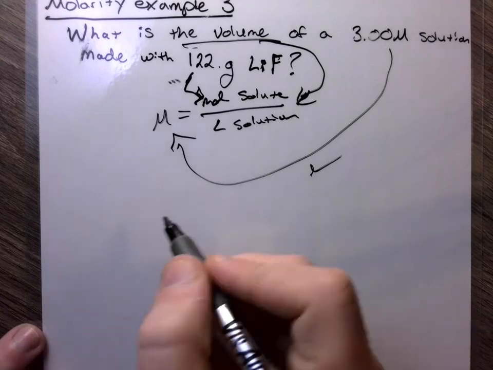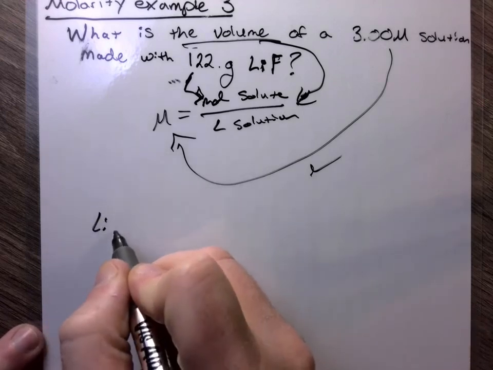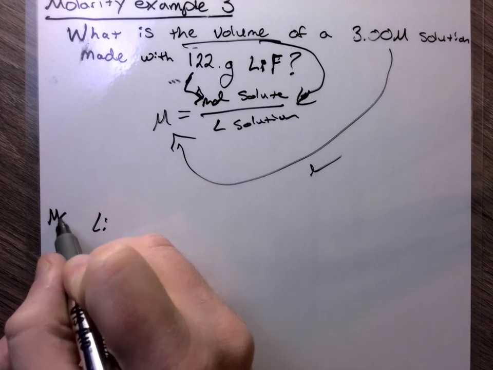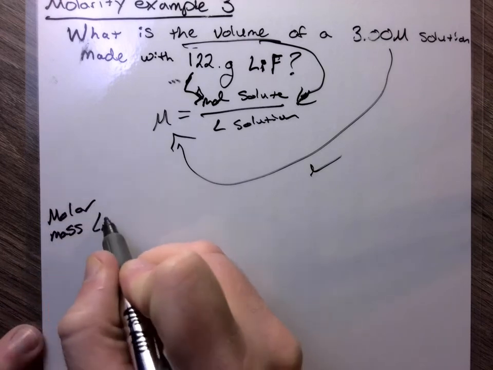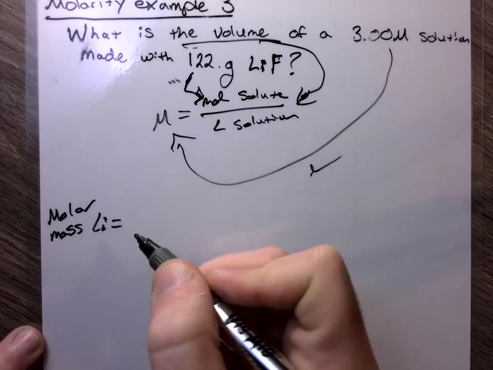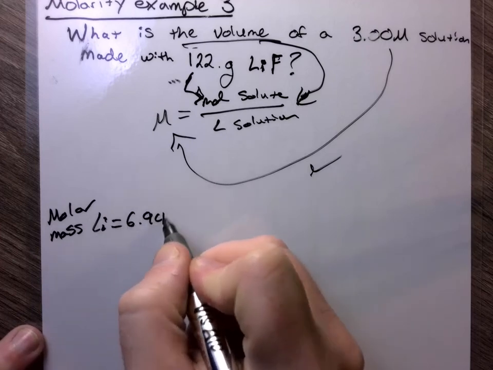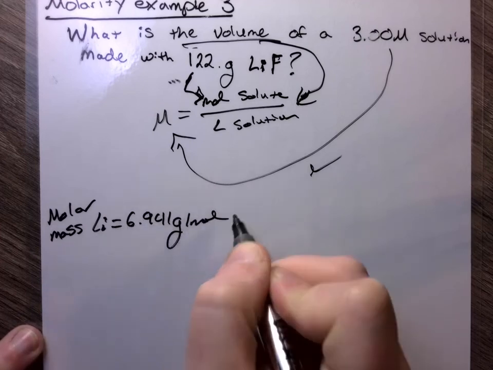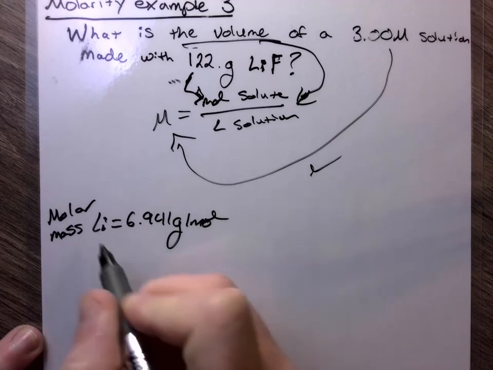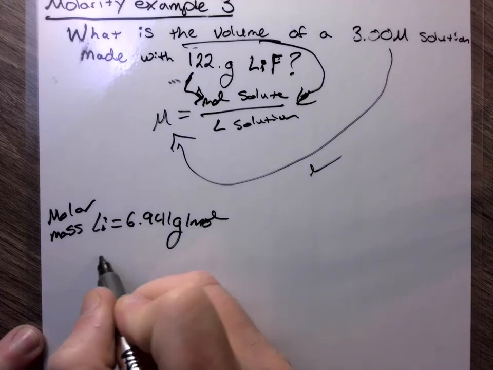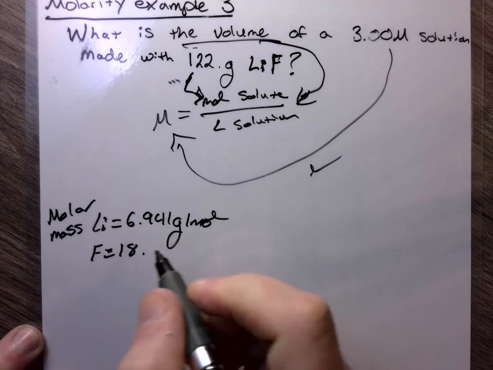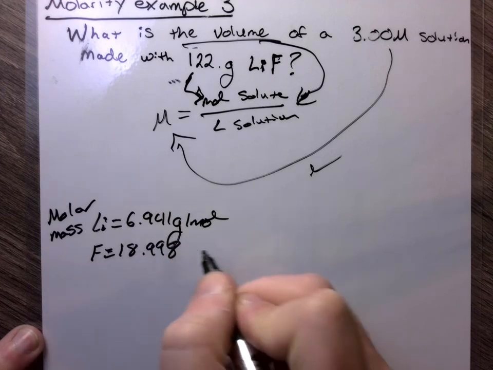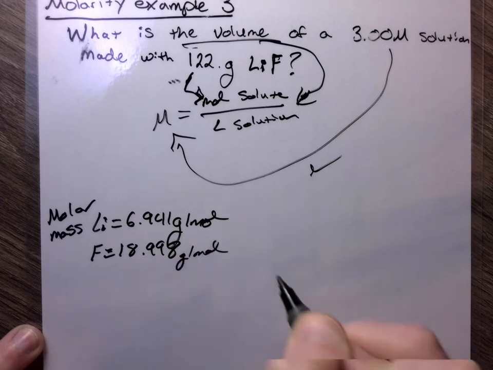To do that, I need molar mass. Molar mass of lithium is 6.941 grams per mole. And of fluorine is 18.998 grams per mole.